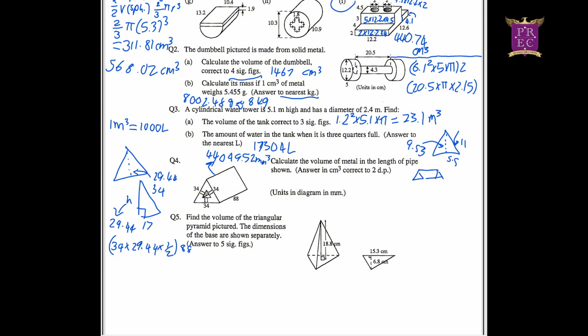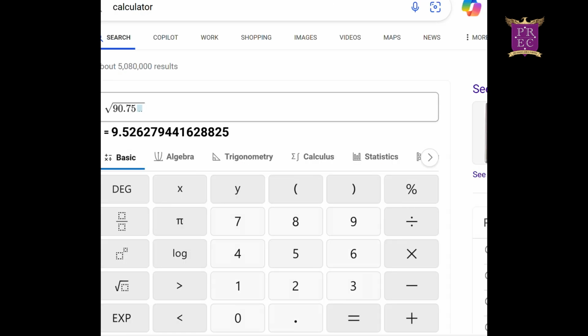To find the area of the triangle, we do 9.53 times 11 times 0.5. Oh, whoops, it's inside the square root again. I need to get out of the square root. Times by 11 times by 0.5 gives us 52.39.